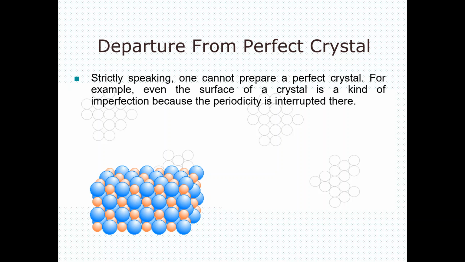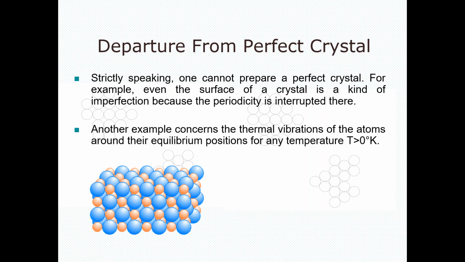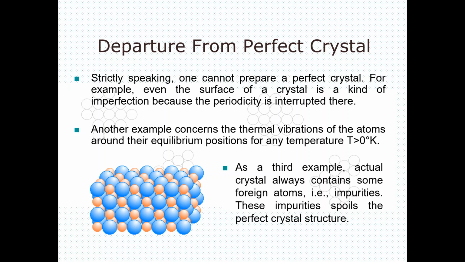For example, even the surface of a crystal is a kind of imperfection because the periodicity is interrupted there. Another example concerns the thermal vibration of atoms around their equilibrium positions for any temperature greater than 0 Kelvin. As a third example, an actual crystal always contains some foreign atoms, that is impurities, and these impurities spoil the perfect crystal structure.